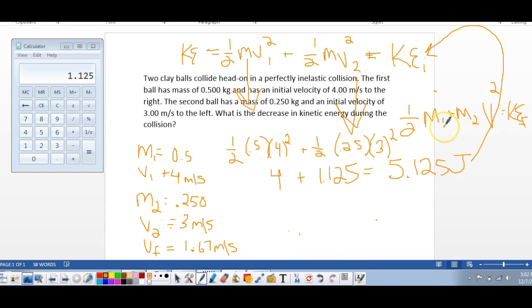So then we do the other one. We bring this equation down and add the masses. It's 1/2, and if we add the masses in our head, 0.5 plus 0.25 is 0.75. And then the velocity is 1.67 squared.